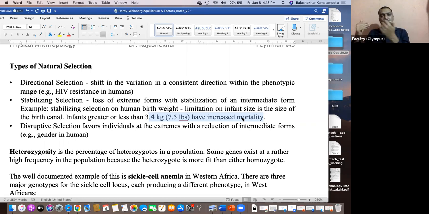Heavier babies are more prone to delivery problems and also to causing death to the mothers who are delivering. Of course, nowadays with technical interventions, C-section is more common. You can easily take the baby out by using an alternative channel. Do you understand the example here? The relationship of this example to stabilizing selection, something intermediate.